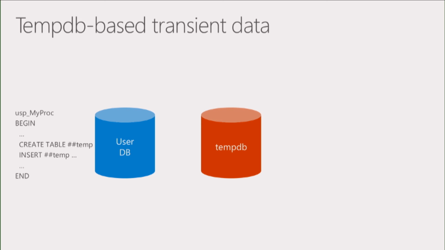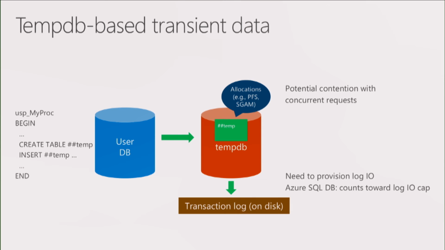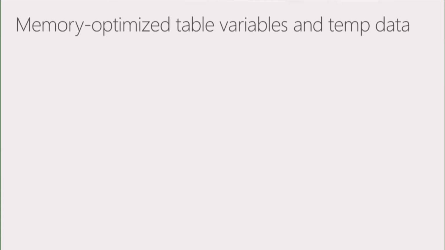So you create your temp table, insert some data in it, and you do stuff there, right? So this is, again, a table being created in TempDB. Again, allocations will happen, and this is going to be logged as well. So you need to provision all that, right? You need to provision the log I/O. But that's a lot of work being done for those.